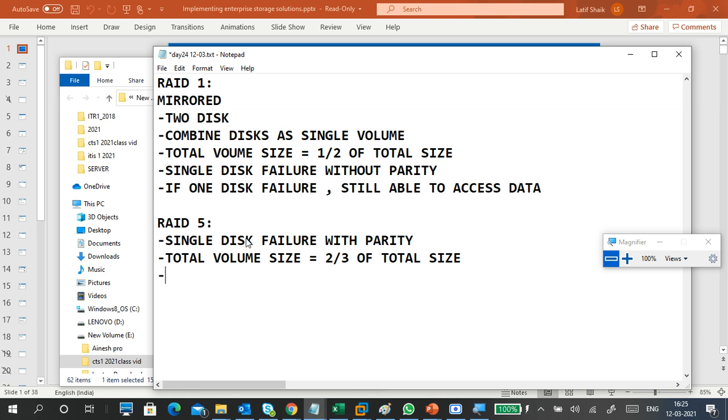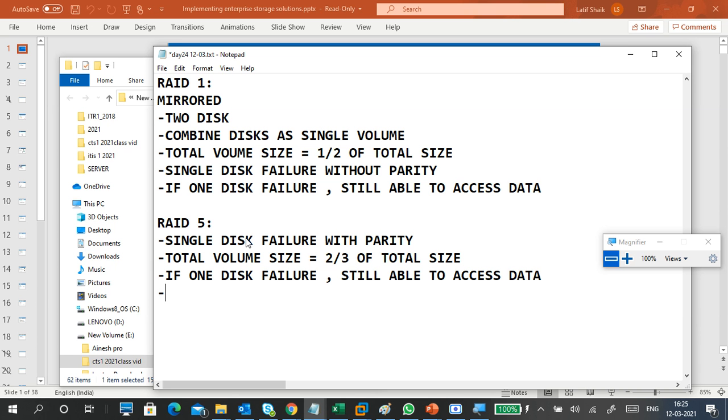Single disk failure. Total volume is like that, combining disks as a single volume. That is the common one. Same thing, if one disk fails, still we are able to access data. So that is one.